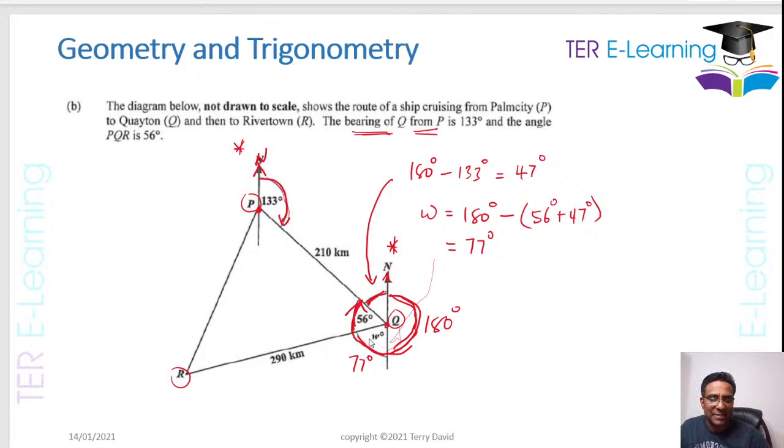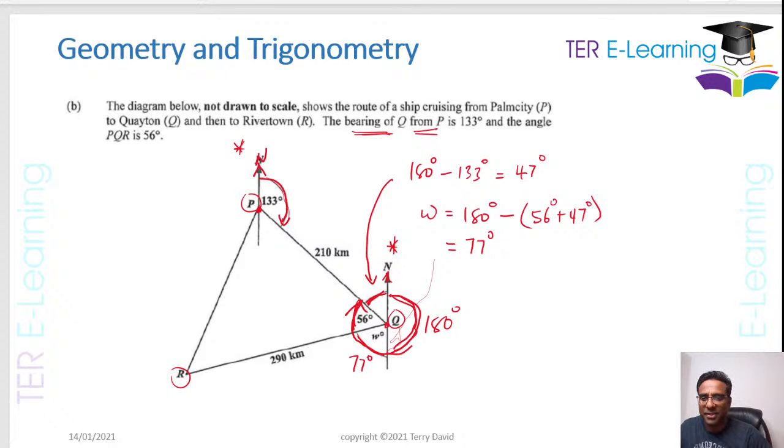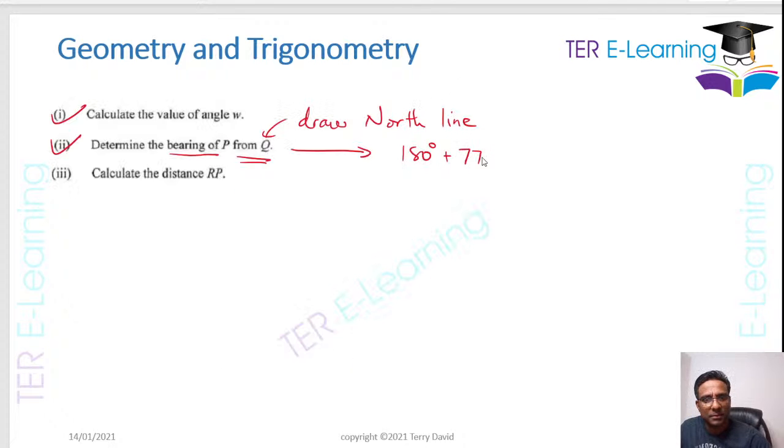So it's 180 plus 77 plus 56, and you're going to get 313 degrees. That's what we're going to get.